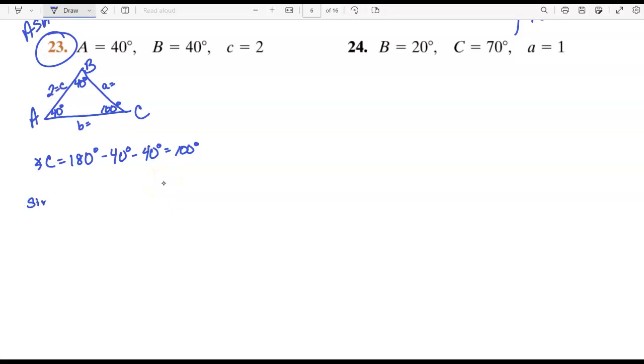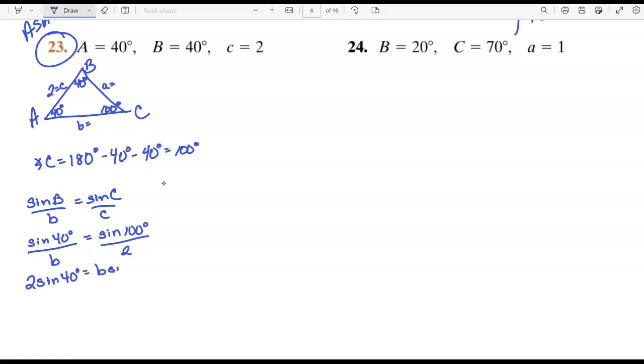So I'm going to look at sine of B over B equals sine of C over C. So for us, it's going to be sine of 40 over side B, which we're looking for, equals sine of 100 over 2. Cross multiply. 2 sine of 40 is equal to B sine of 100.